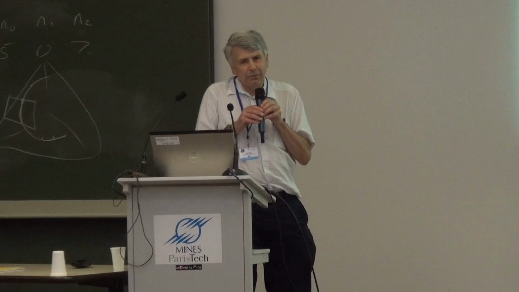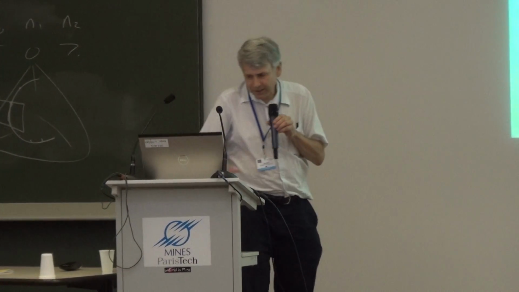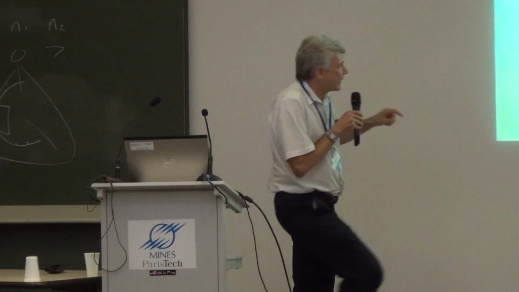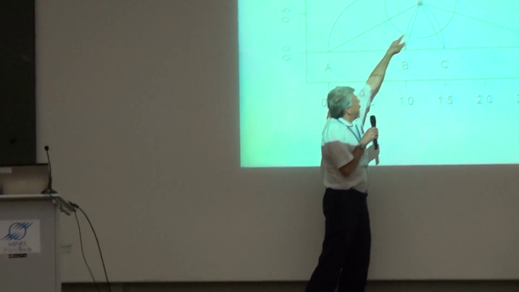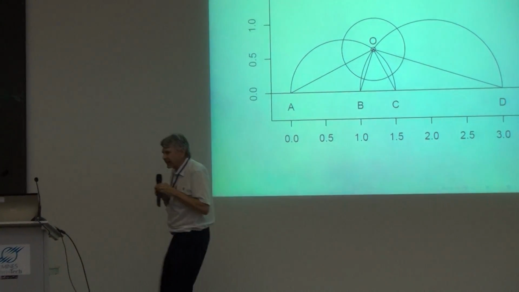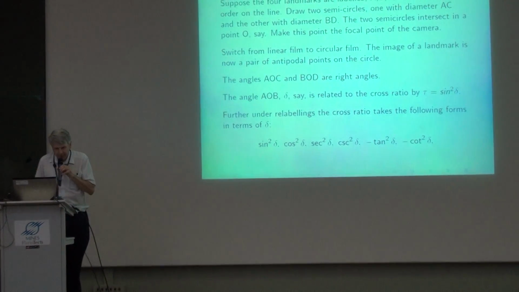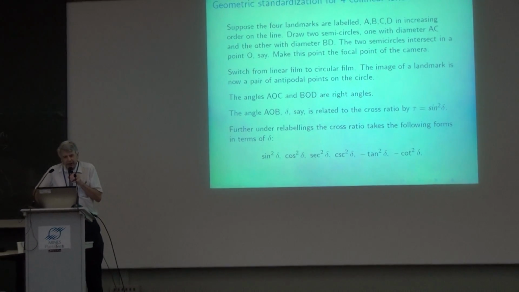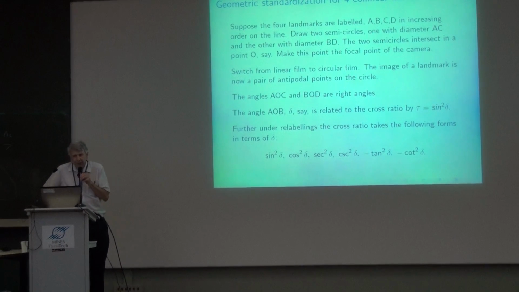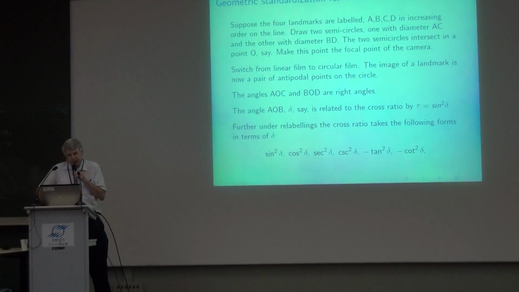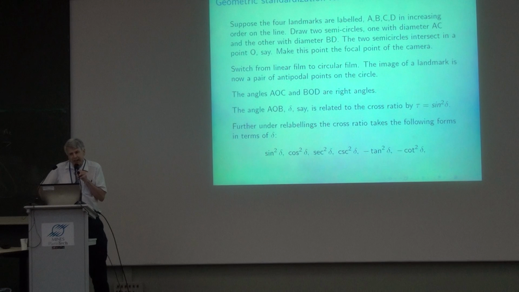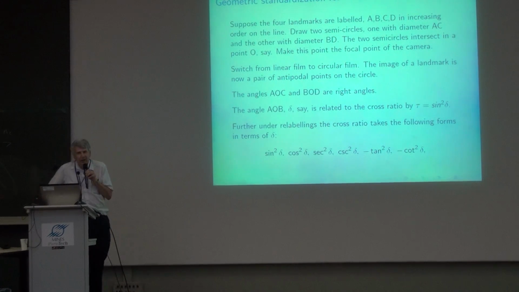And if I look at AOB, so let me go back to the picture. If I look at this particular angle here, that's something that's very closely related to the cross ratio. I'm going to call that angle AOB an angle delta, and it turns out that the cross ratio is sine squared of that angle.